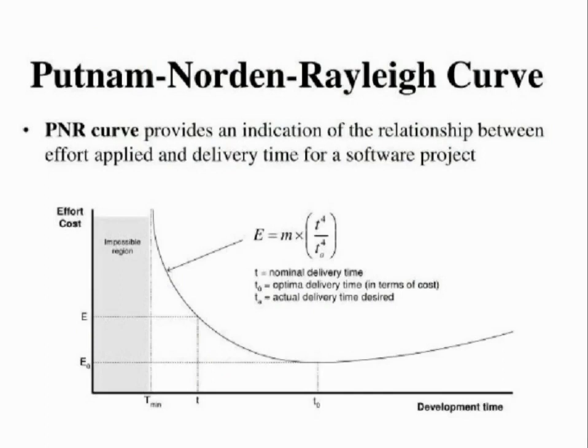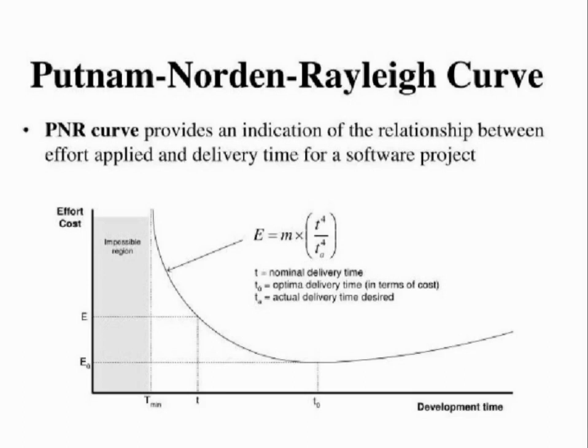So Putnam suggested a model. This is the Putnam-Norden-Rayleigh curve, which provides an indication of the relationship between effort applied and delivery time for the software project. There is a minimum value in the curve at T0 that indicates the least cost for the delivery.